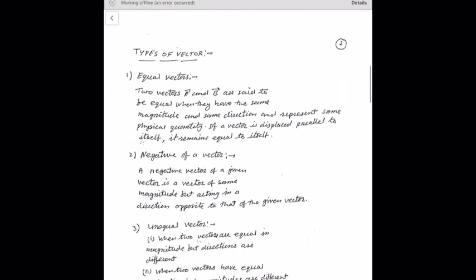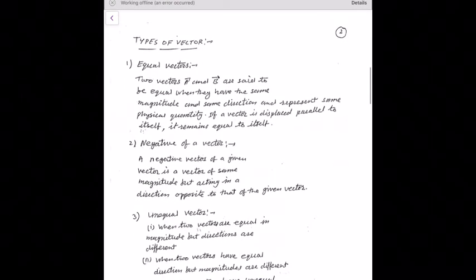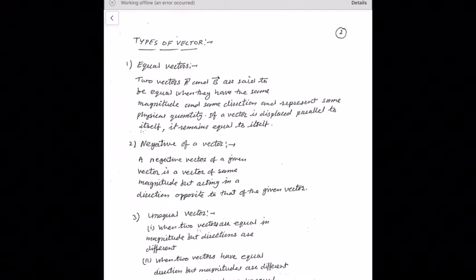Next, types of vector. First, equal vectors. Two vectors A and B are said to be equal when they have the same magnitude and the same direction and represent the same physical quantity.